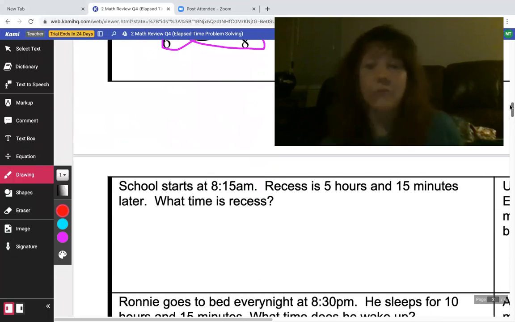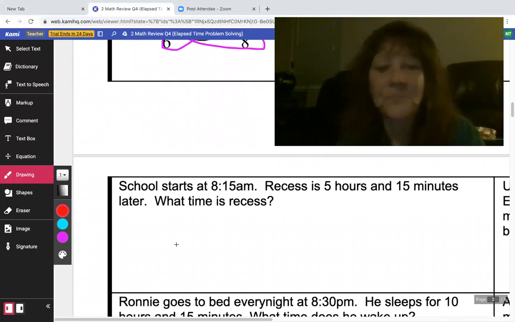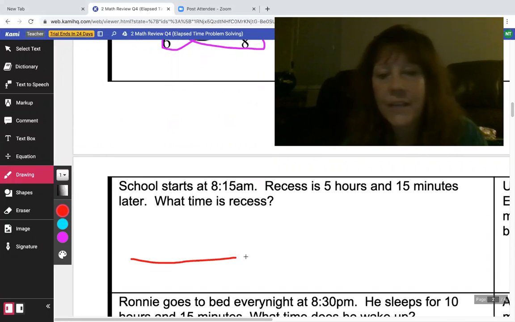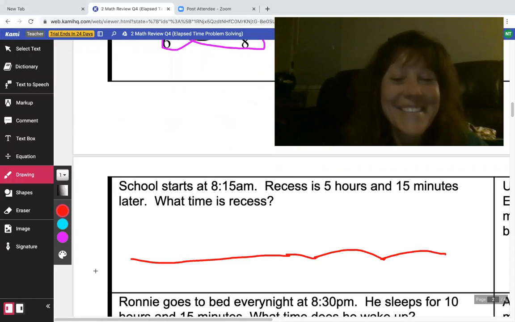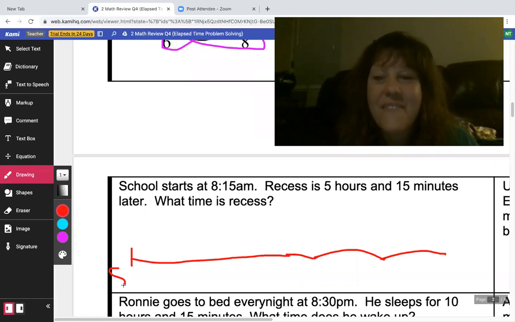All right. So school starts at 8:15. Let's draw our line. Oh my goodness, that is the most squiggly line ever. Okay, so school starts at 8:15 and recess is after 5 hours and 15 minutes. I would get fired if I gave you recess for 5 hours and 15 minutes.